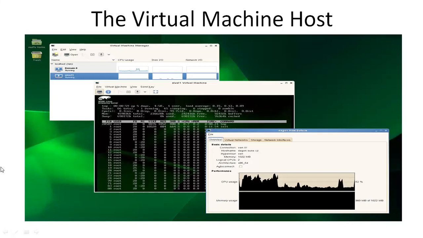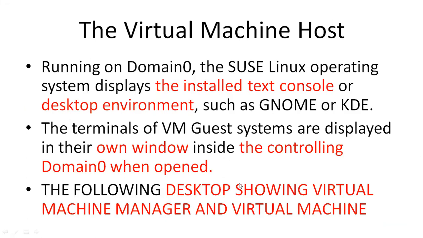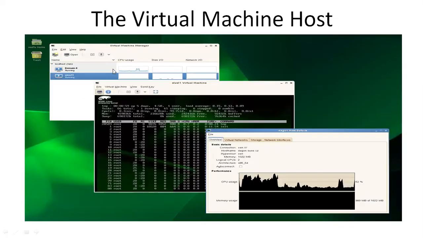This indicates the text console, which has GNOME or KDE. The terminals of virtual machine guest systems are displayed in their own windows inside the controlling domain 0 when opened. The following desktop shows the virtual machine manager and a simple virtual machine. This diagram shows the virtual machine manager as well as a simple virtual machine.